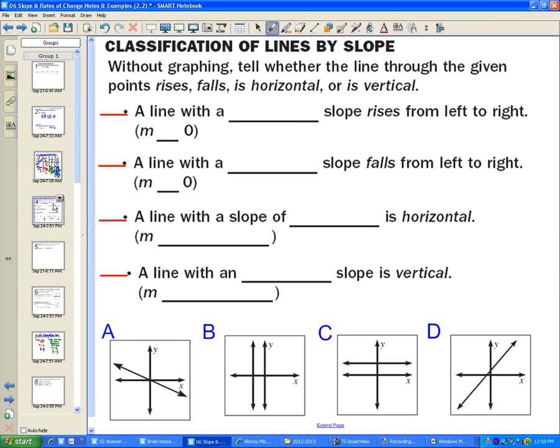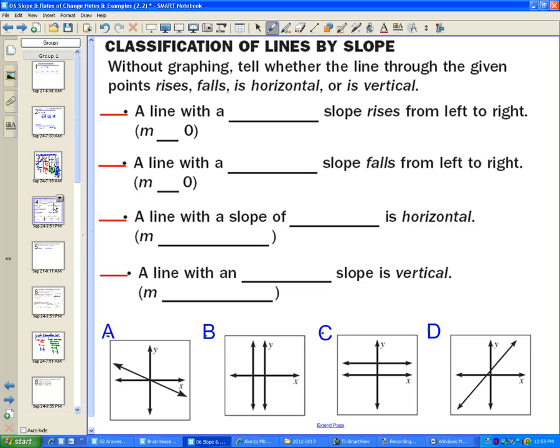So here we go. I have 4 choices down at the bottom, A, B, C, and D. Using that last slide, you can scroll back, rewind, and copy down that if you haven't copied it. So let's classify lines by slope. Without graphing, tell whether the line through the given point rises, falls, is horizontal, or is vertical. A line with a blank slope rises from left to right.